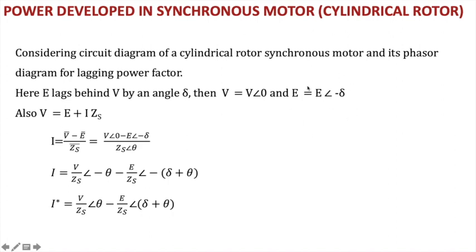That is the major difference between a synchronous generator and a synchronous motor. In the synchronous generator, E was leading the voltage by an angle delta, while for a synchronous motor, the induced EMF lags behind the voltage by this angle delta.